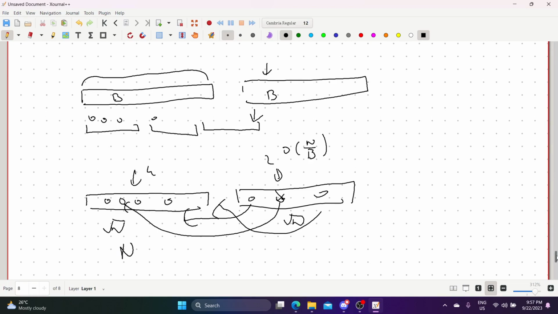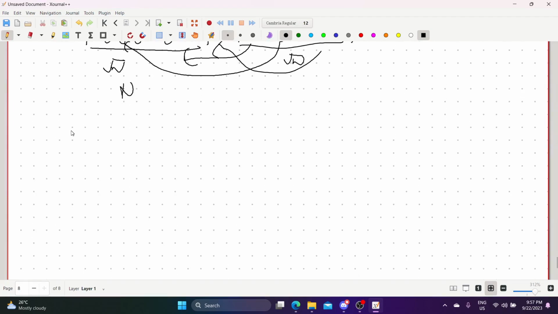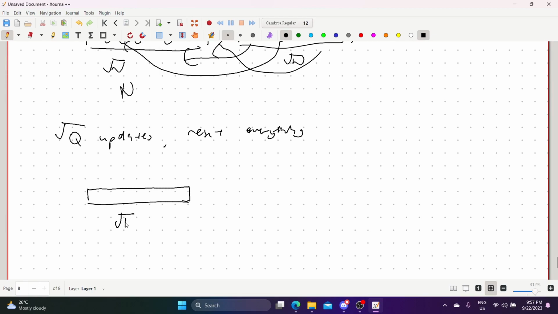The way to resolve this is the same thing as what we did. After each square root q updates, we reset the whole thing. Let's say at the start it's possible to have square root n, okay, let's just make everything n to make it nicer. So square root n updates.